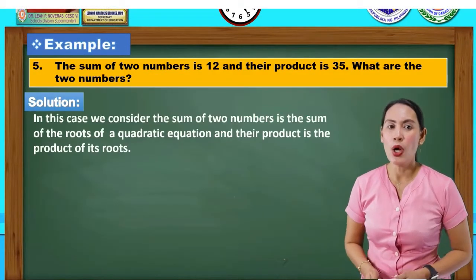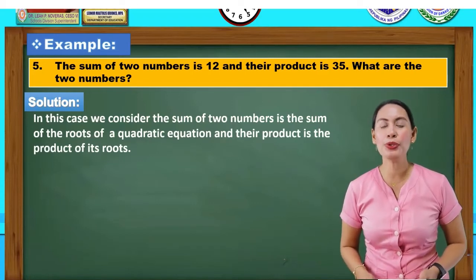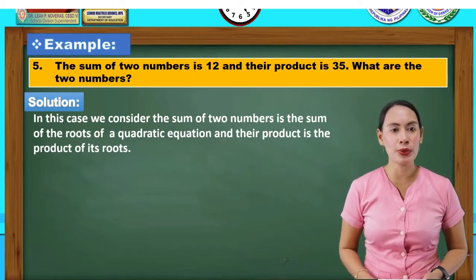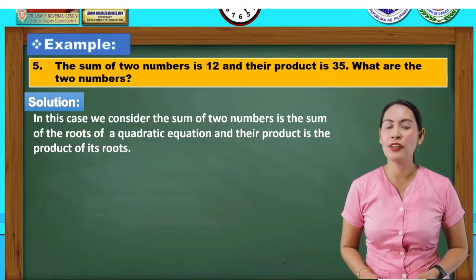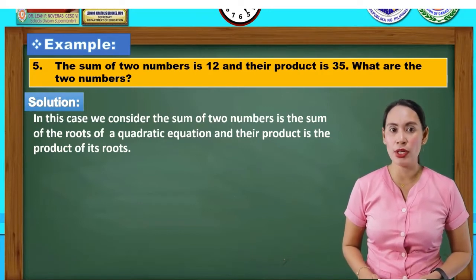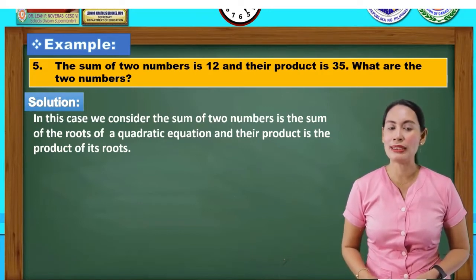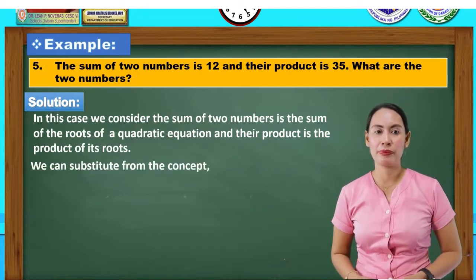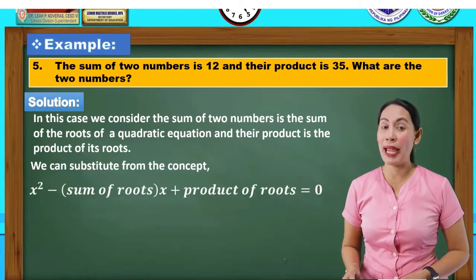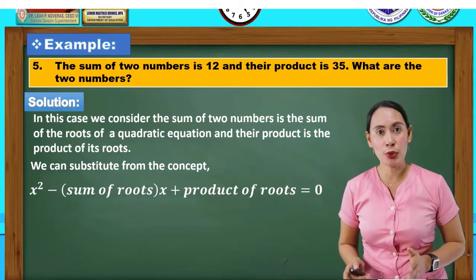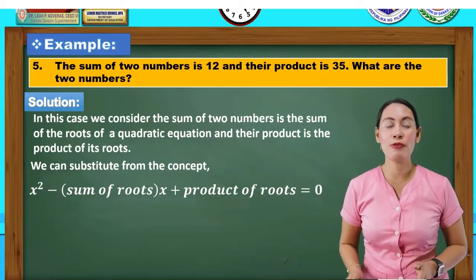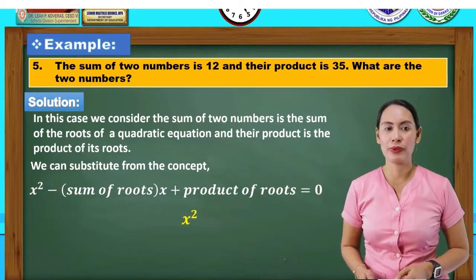In this case, we consider the sum of the two numbers as the sum of the roots of a quadratic equation, and their product as the product of its roots. So we can substitute from the concept: x squared minus sum of roots x plus product of roots equals 0.